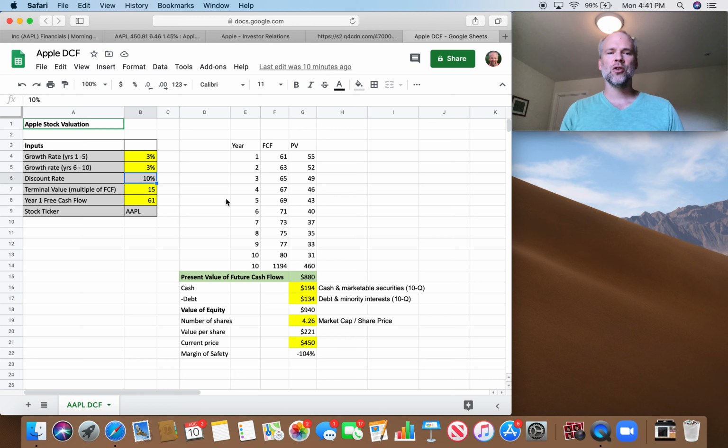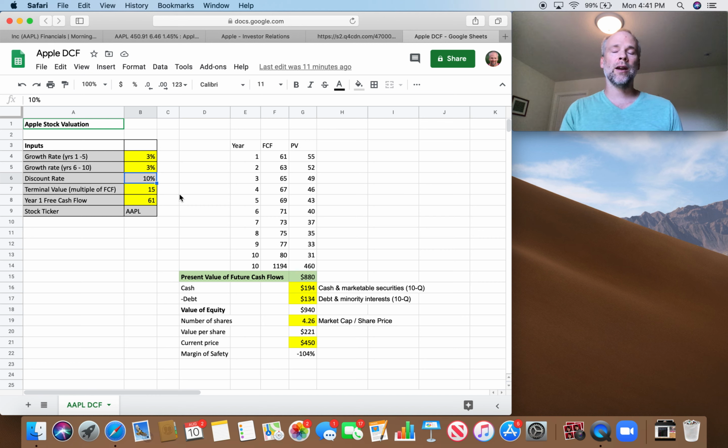Discount rate. So this takes into account the time value of money. So if you're going to give me $100 a year from now, that's not worth as much to me as $100 today. I need to discount that. So the reason I'm using a 10% discount rate, this is really about opportunity cost for me.